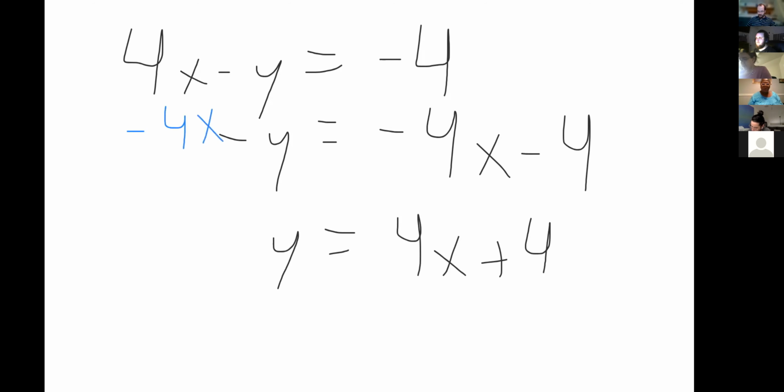Just to go through this step by step: in this step we subtracted 4x from everything. In this step we multiplied or divided, whatever you want to call it. We're basically going to flip the sign on everything by a negative. If it's negative, it becomes positive. If it's positive, it becomes negative. That's what I meant to say.